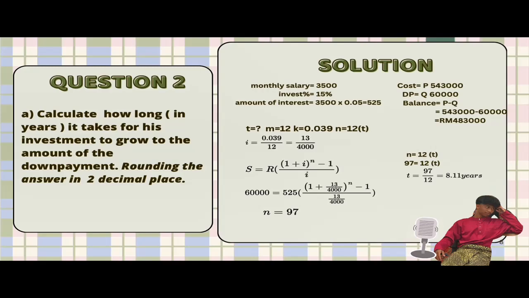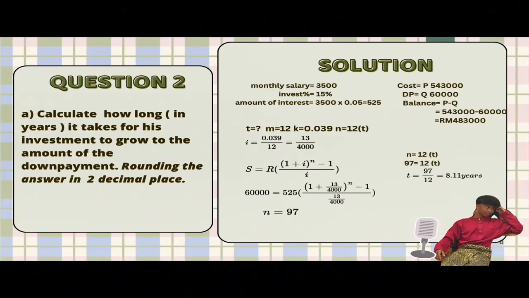The formula is S equals R times (1 plus i) to the power n minus 1, over i. We substitute the numbers: 60,000 equals 525 times (1 plus 13 over 4,000) to the power n minus 1, over 13 over 4,000.